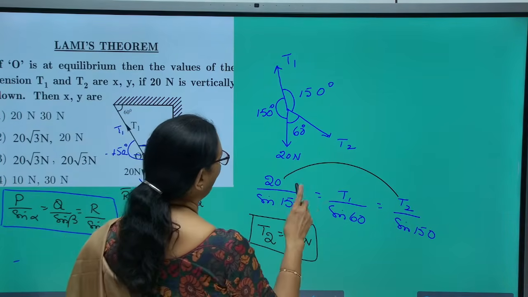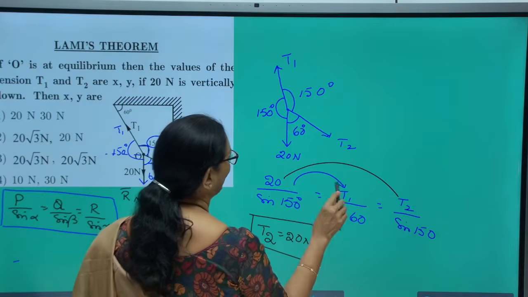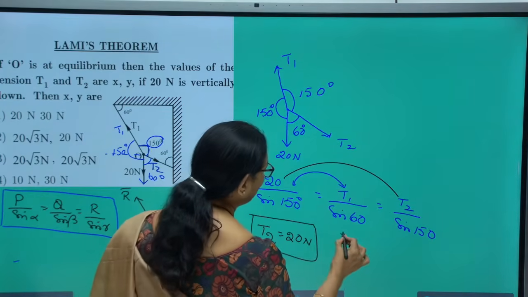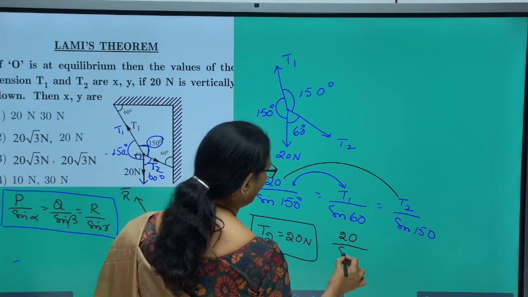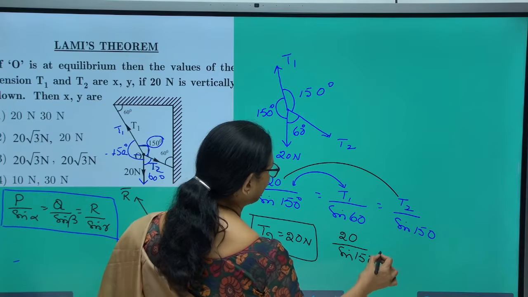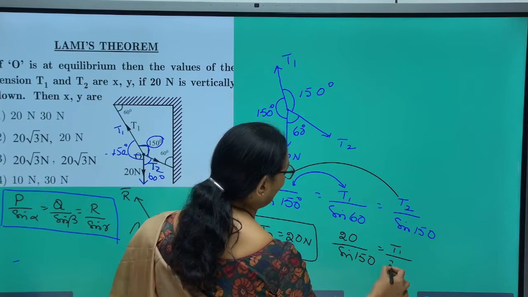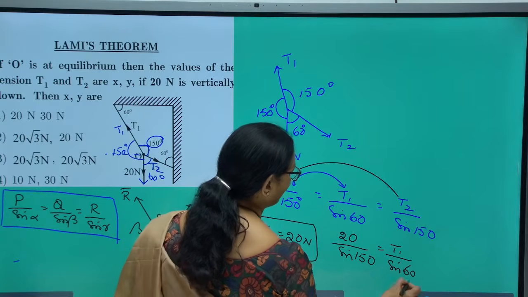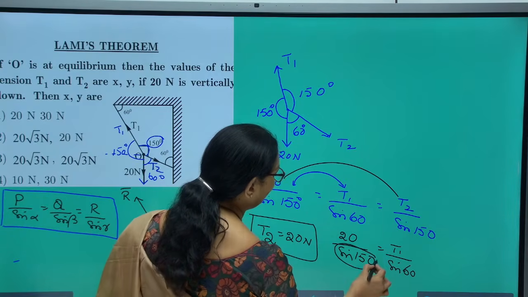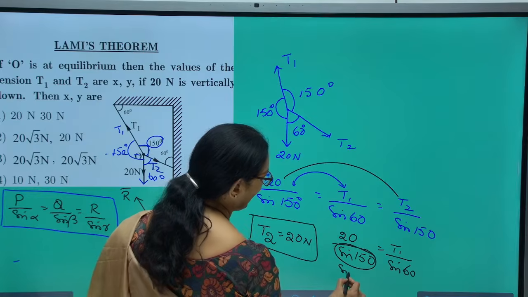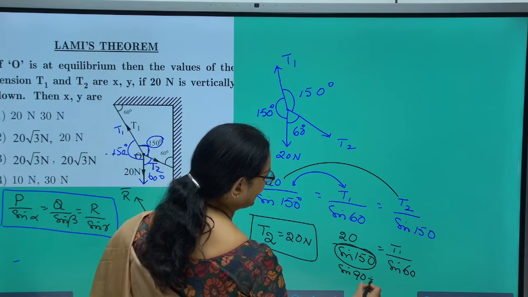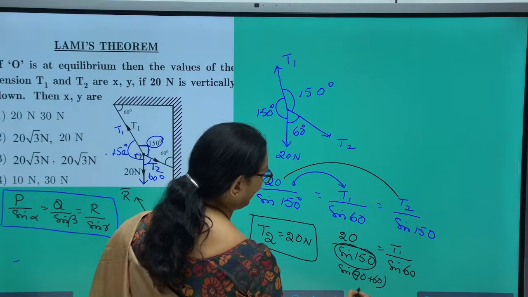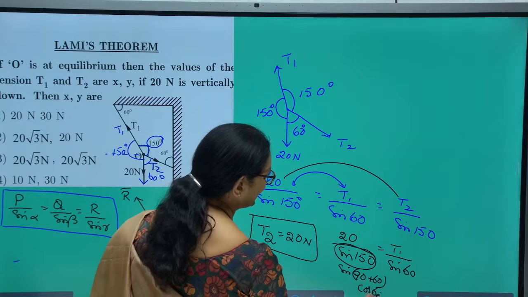Now, if you look at these two expressions, 20 by sine 150 is equal to T1 by sine 60. Sine 150 can be written as sine of 90 plus 60, and sine 90 plus 60 is cos 60.